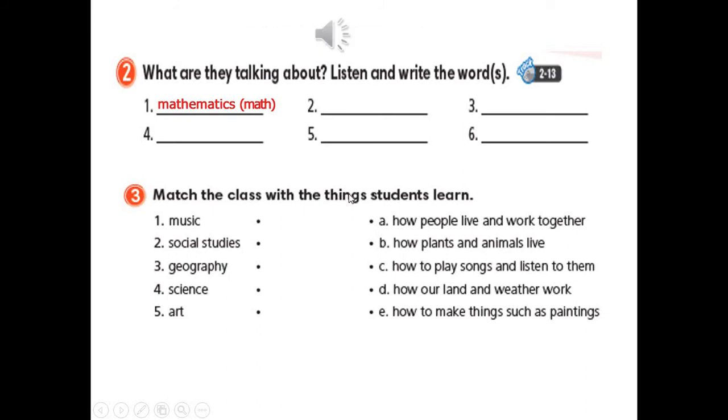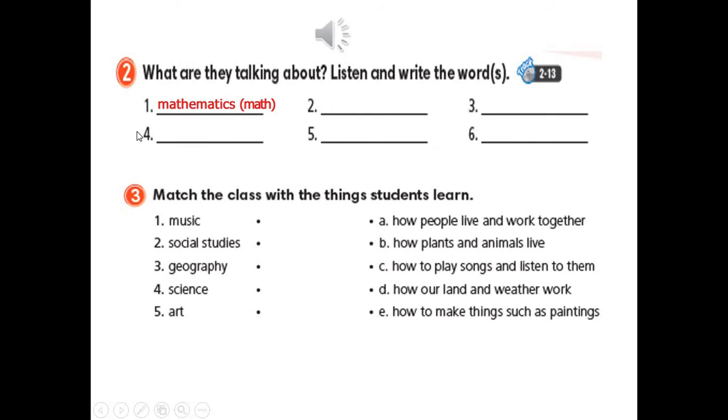Number 2. This is a class about sports and health. We learn how to exercise and play sports. We also learn about how our bodies work. Number 3. In this class, we learn how to use English. It's important to learn English for school, work, and travel. Number 4. In this class, we learn about the past.